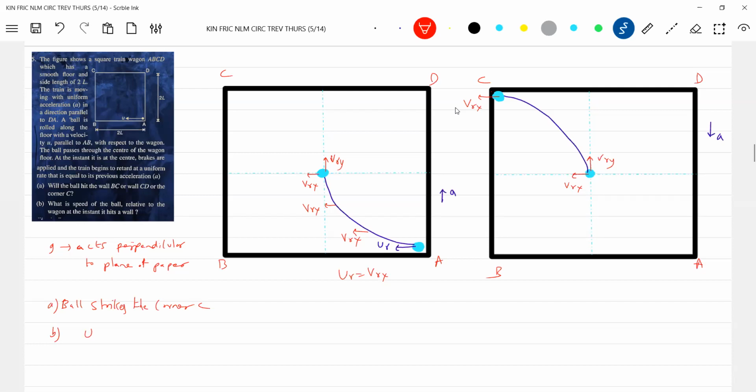And this is the given velocity UR. So even in the ground frame, will it strike point C? Okay, a person standing in the trolley says it strikes it. In the ground frame, the particular black color box will have a displacement here. Will the path of the ball be parabolic in the ground frame?